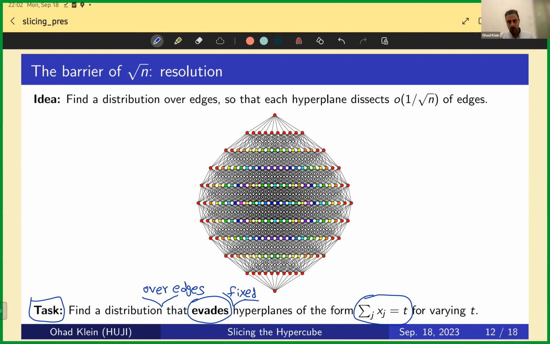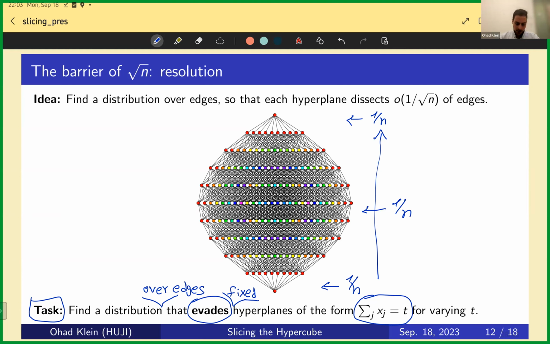Now, one natural distribution to try is to choose a uniformly random layer of the hypercube. So we can have this layer with probability 1 over n, and this layer with probability 1 over n, and also the middle layers always with probability 1 over n, and just choose a random edge inside this random layer that we chose.